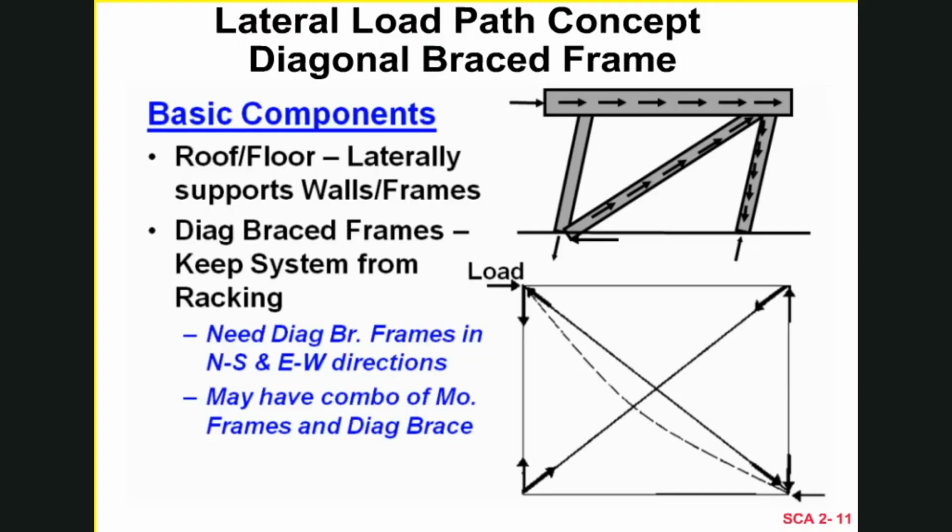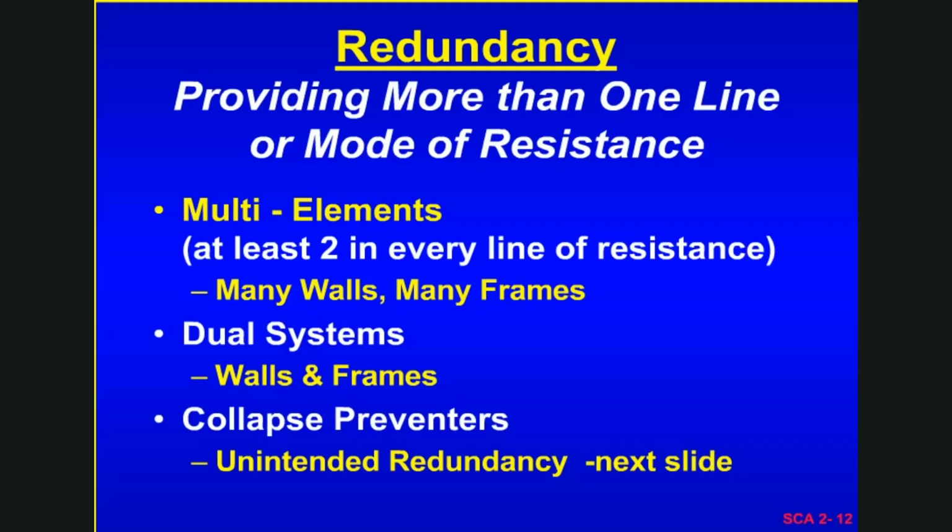Typically, it is easier to resist a tension force than a compressive force because of the problems of buckling in the compression member. Sometimes we use a pair of diagonal braces such that regardless of which way the lateral force acts, one of those diagonal members will go into tension. If we only use a single member, then that member has to be able to resist both tension and compression.